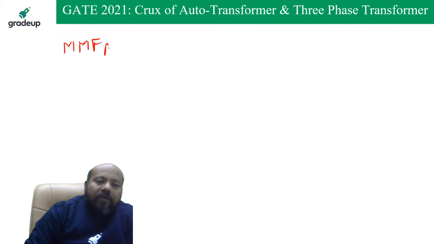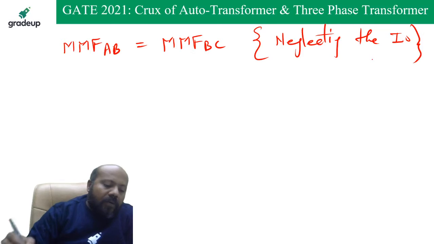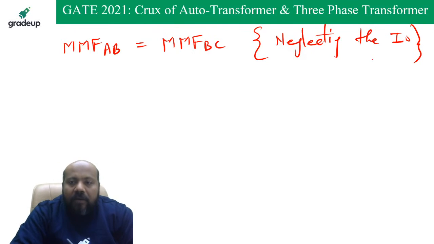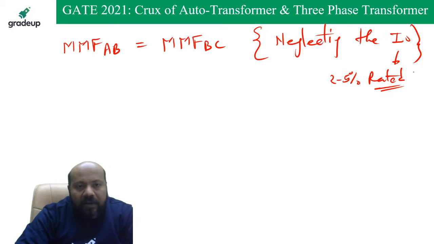The MMF of the AB section of the winding must balance the MMF of the BC section of the winding. The transformer action happens between the AB and BC sections, neglecting I naught, the no load component of the current. Why am I neglecting I naught? Because I naught is just 2 to 5% of the rated current, so I am able to neglect it.